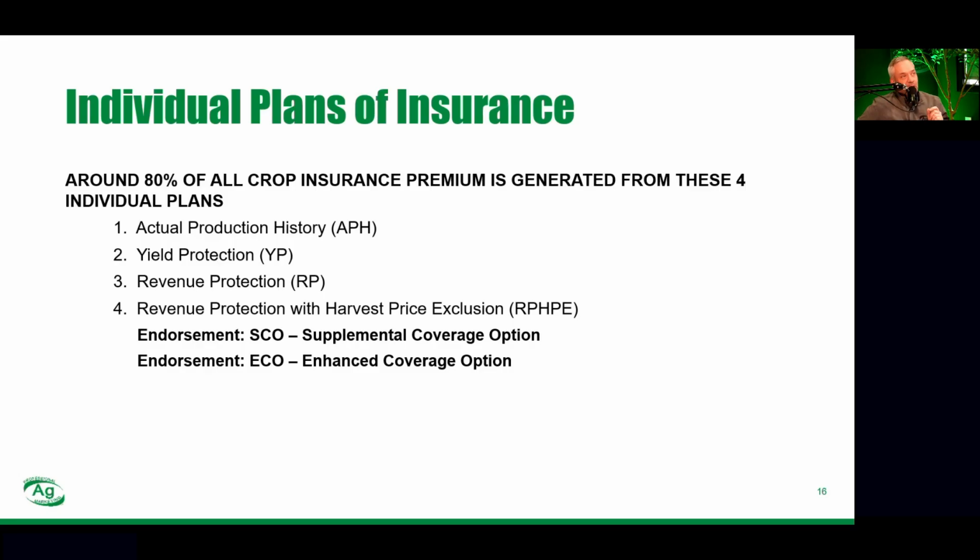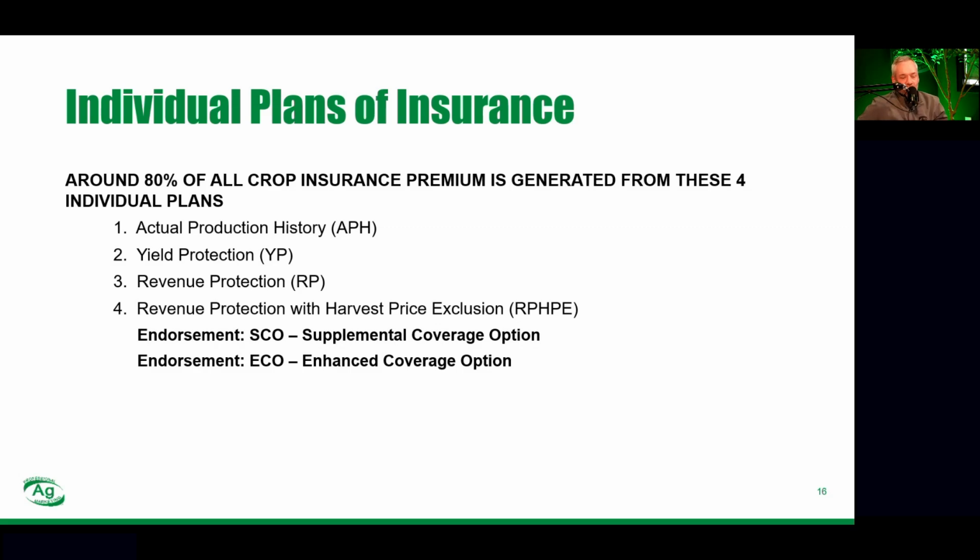The two endorsements there, SCO and ECO, are relatively new coverages, and in 2026 they are very popular because the subsidy on these two coverages is now 80%, meaning the government is discounting the premium the farmer has to pay by 80%.